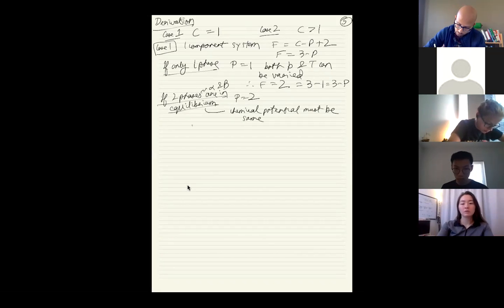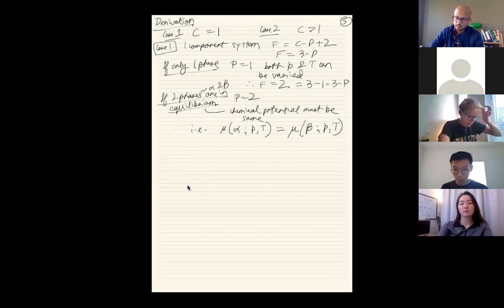That is, mu of phase alpha at any given pressure and temperature must be the same as mu of phase beta at that same pressure and temperature. So we can no longer vary pressure and temperature independently because now we have one constraint.